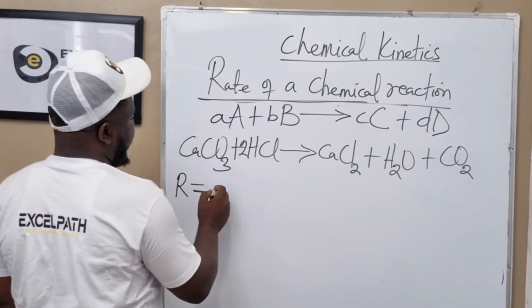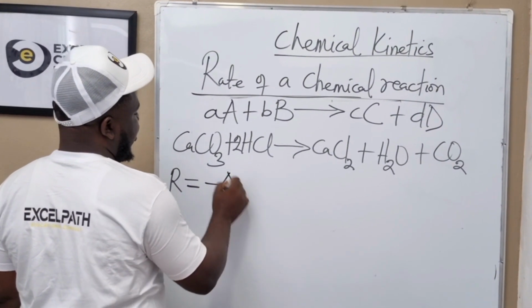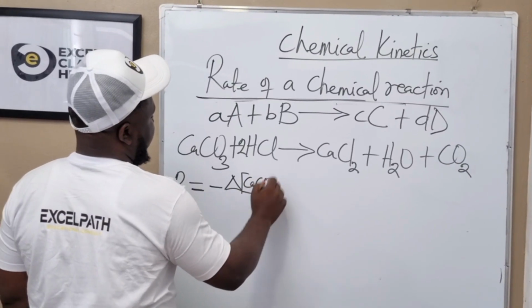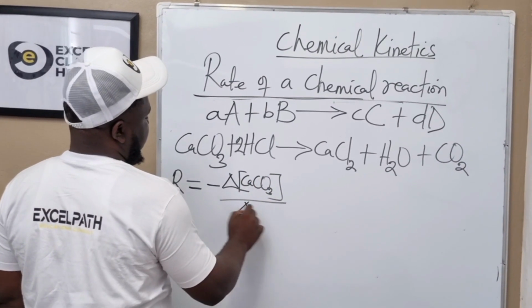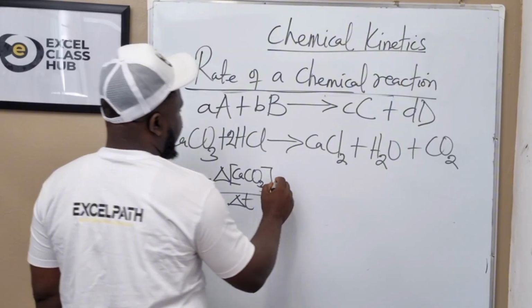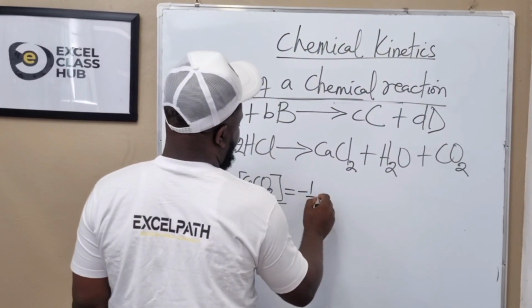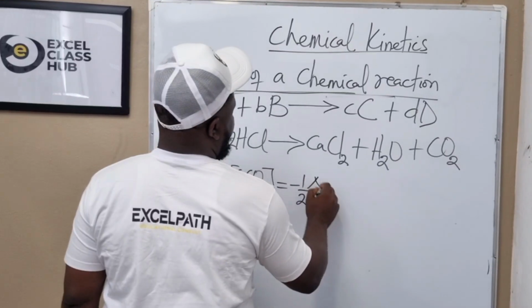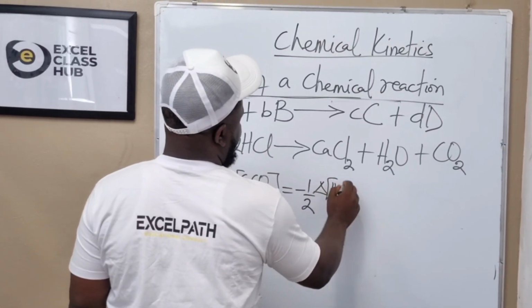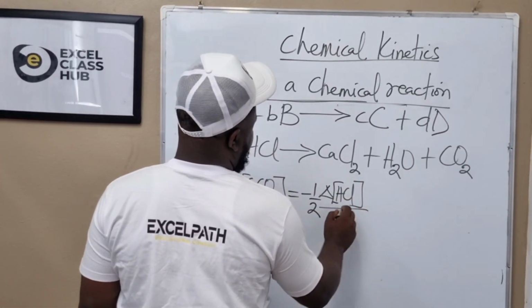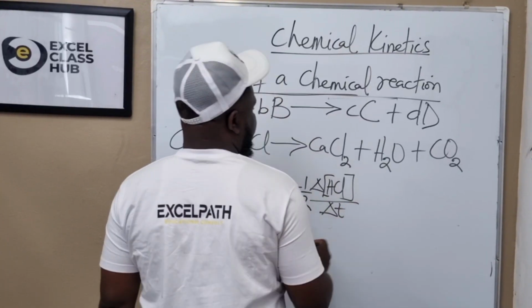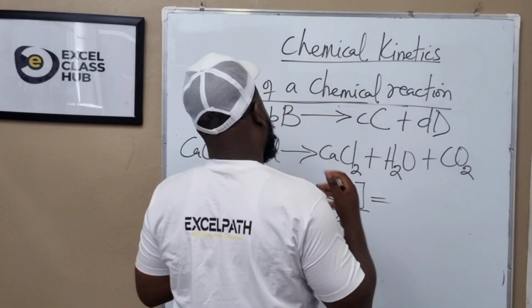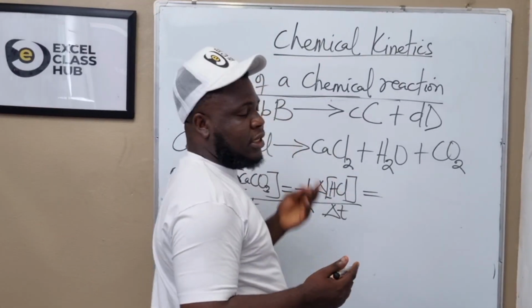So R is equal to minus change in the concentration of calcium carbonate all over change in time is equal to minus 1 over 2, because the coefficient here is 2, change in the concentration of HCl all over change in time, which is also equal to, now, all these are products, so it is not expected that we add a negative sign to them.